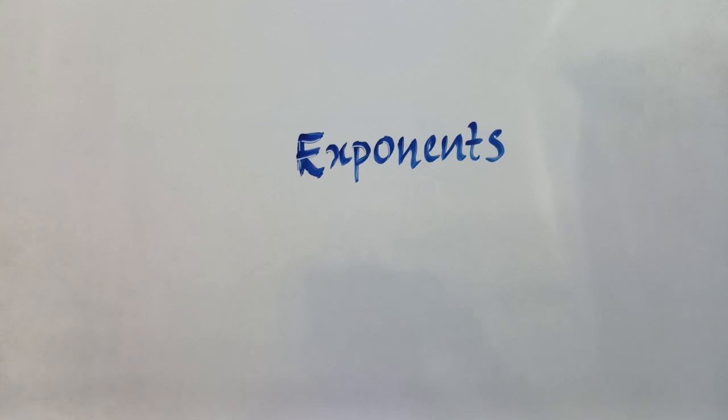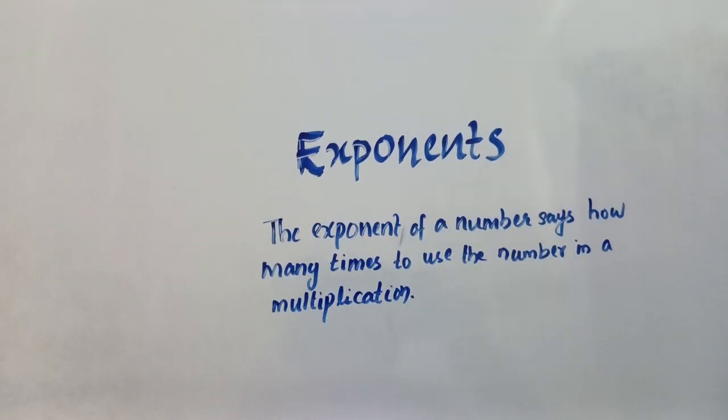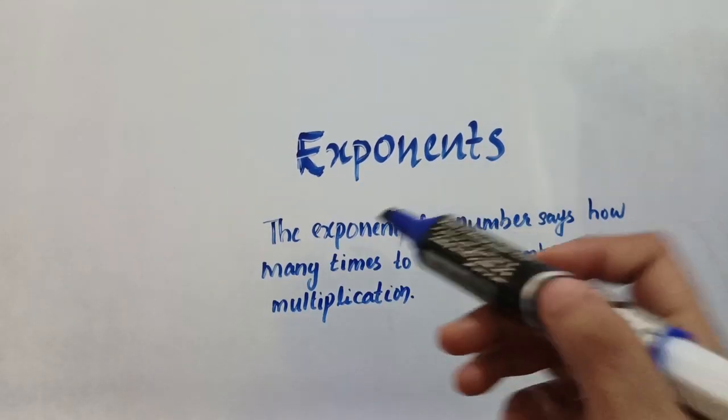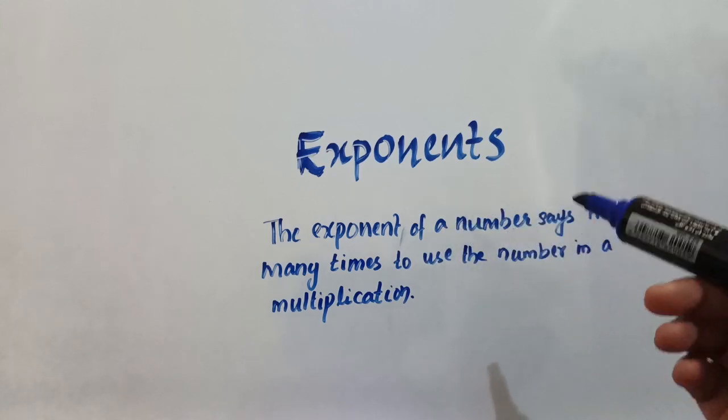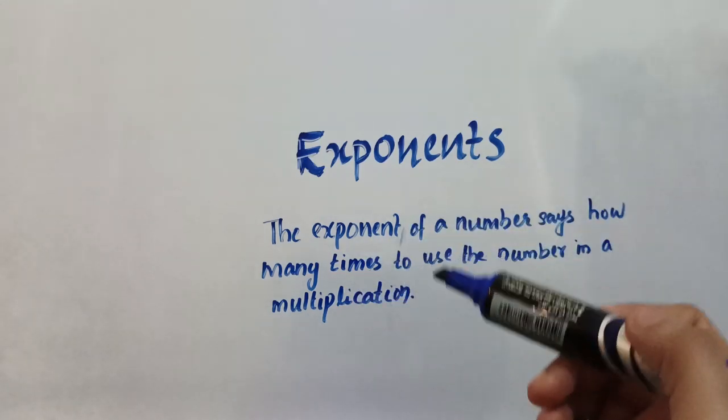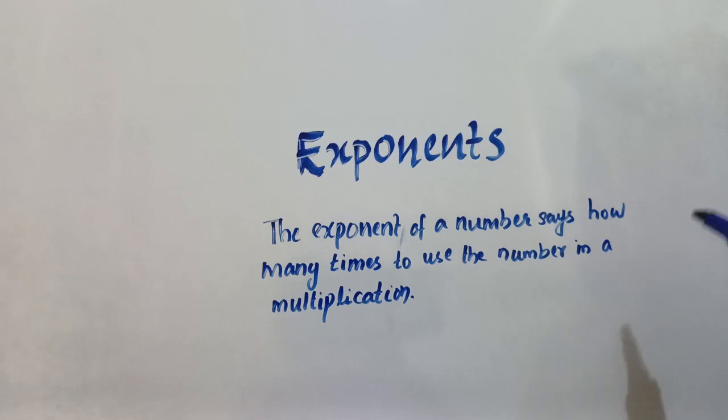The definition of exponent: the exponent of a number says how many times to use the number in a multiplication.